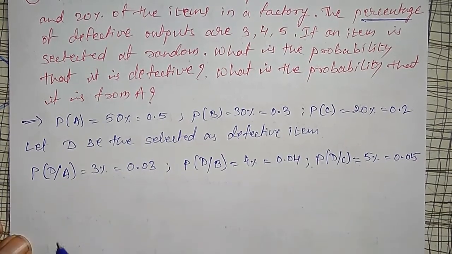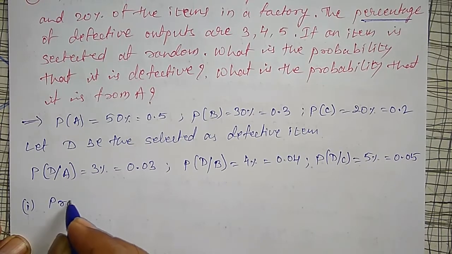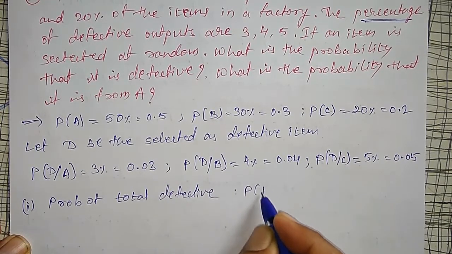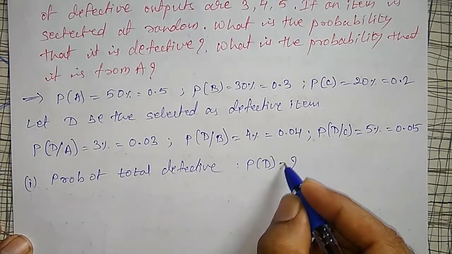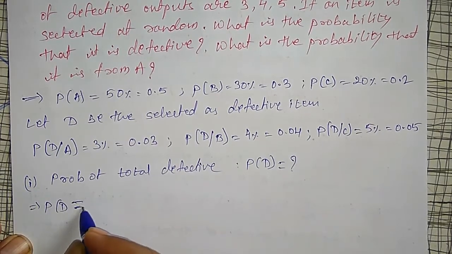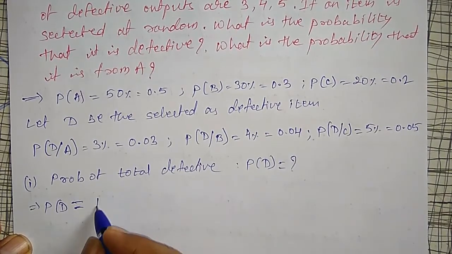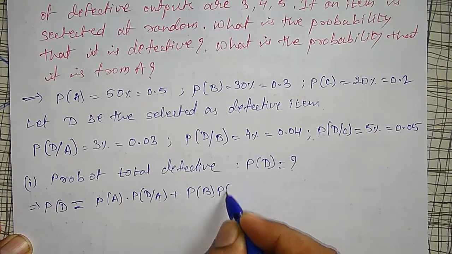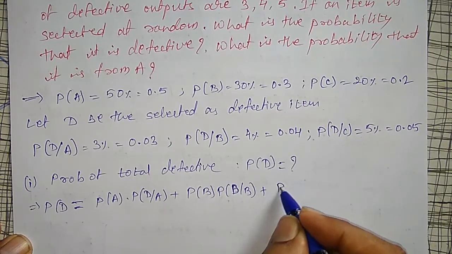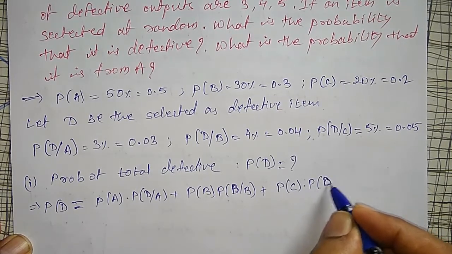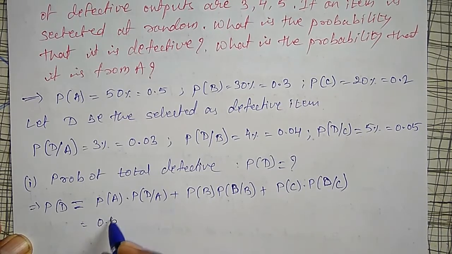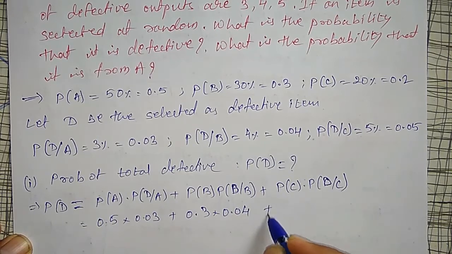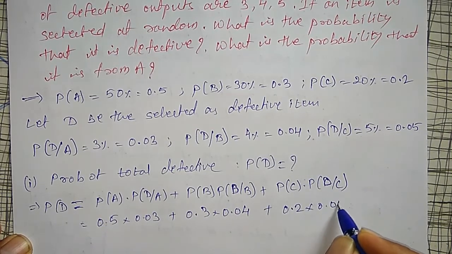That means I have to find the probability of total defective, that is the probability of D. Here, the probability of D is equal to the denominator of the Bayes theorem: probability of A into probability of D relative to A plus probability of B into probability of D relative to B plus probability of C into probability of D relative to C. Probability of A is 0.5 into 0.03, plus 0.3 into 0.04, plus 0.2 into 0.05.